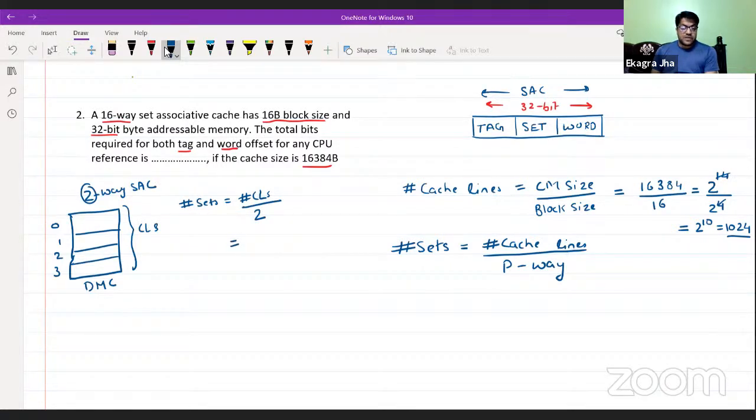Number of cache lines we have is 4, divided by 2 is basically 2, or 2 to the power 1. So the number of sets we are going to have is 2. So the set associative cache in our example should look like this.